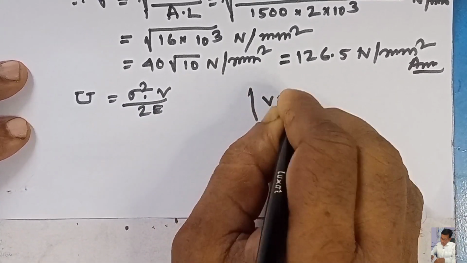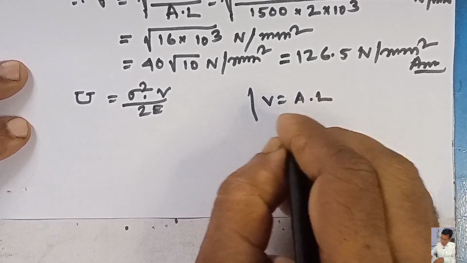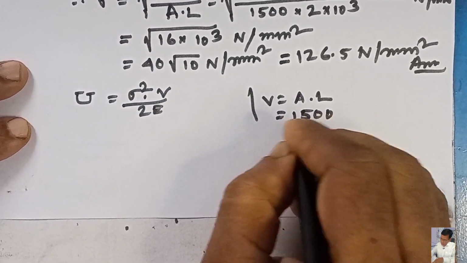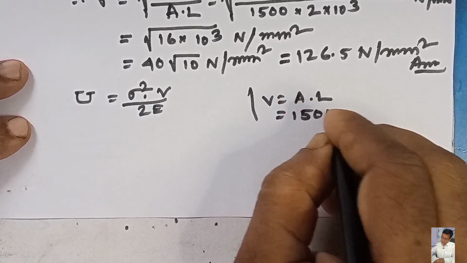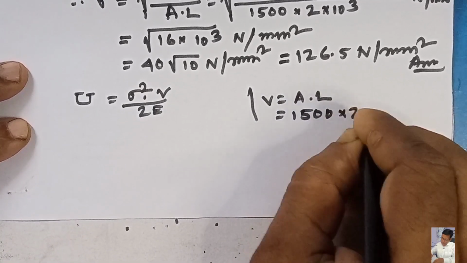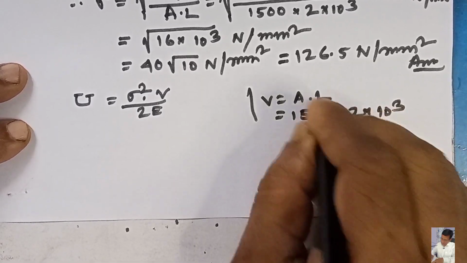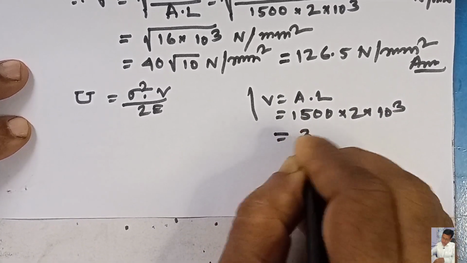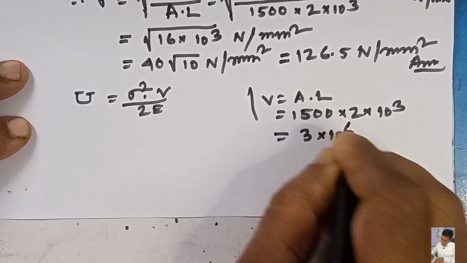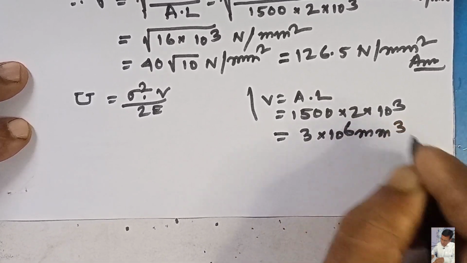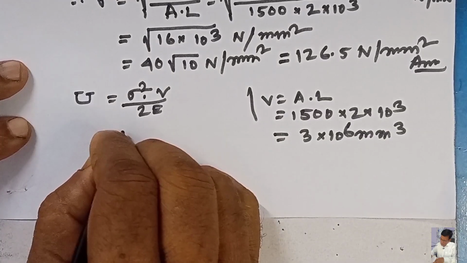Here V is equal to A into L is equal to 1500 into 2 into 10 to the power cube is equal to 3 into 10 to the power 6 millimeter cube.